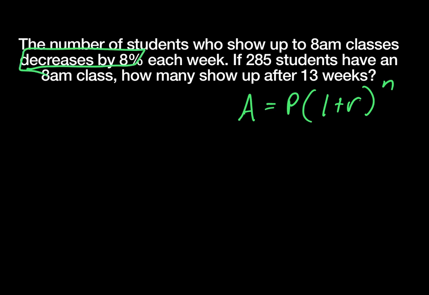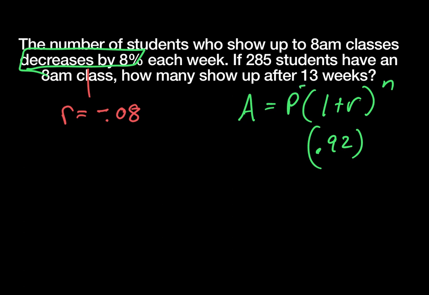So that rate is negative 0.08. So remembering that when we're doing percent, how things are reducing, when we're talking exponential functions, if a rate decreases, that means it's going down. Or in essence, 1 plus r, or 1 minus 0.08, is 0.92. So 92% of the students show up each week, and each week thereafter.